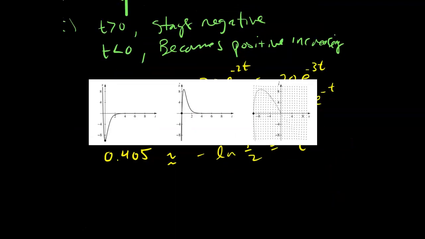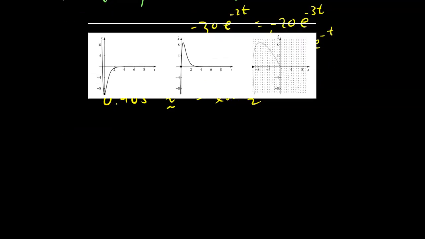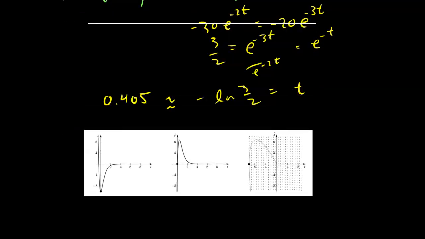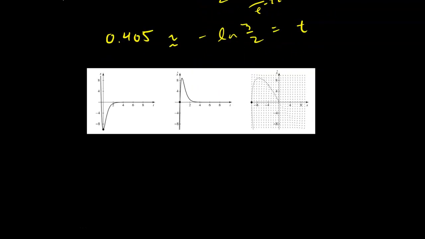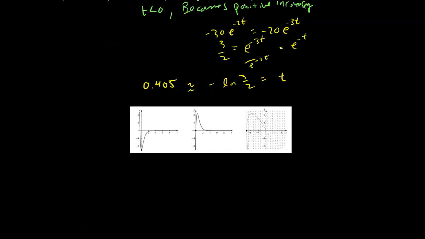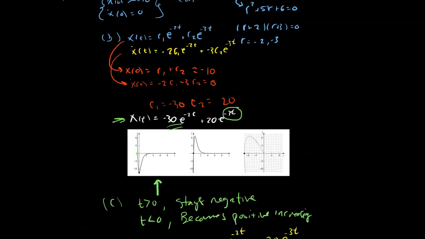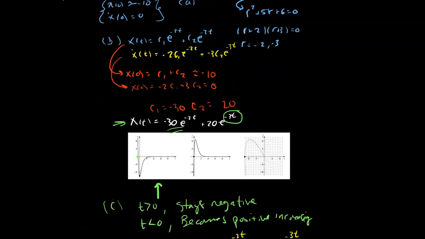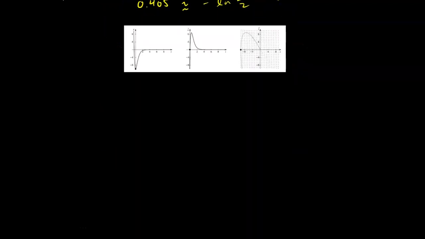So I'm just going to drag this down so we can talk about the second picture here, and I will also have us recall our x dot formula. I guess I didn't actually write it down yet, so we can just write it. So negative 30 and 20, from your x of t. All right, here we go.